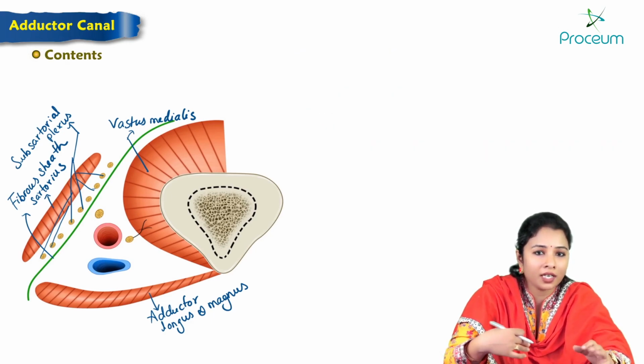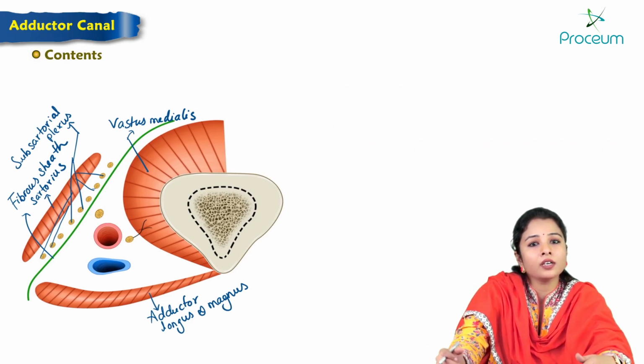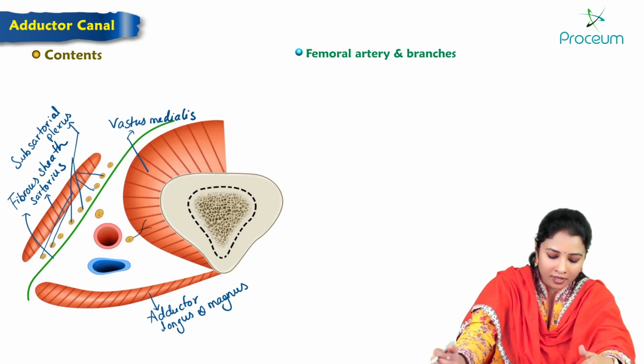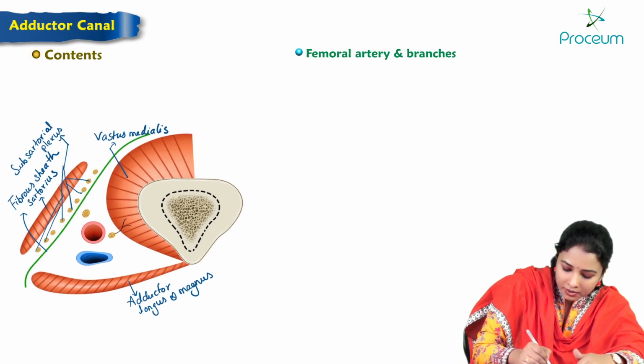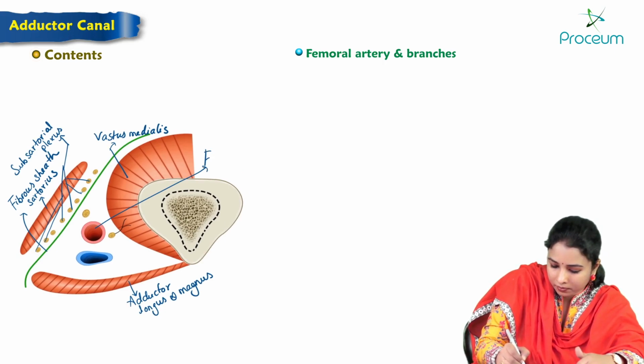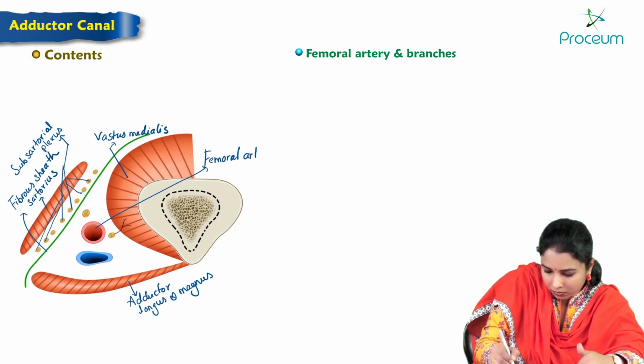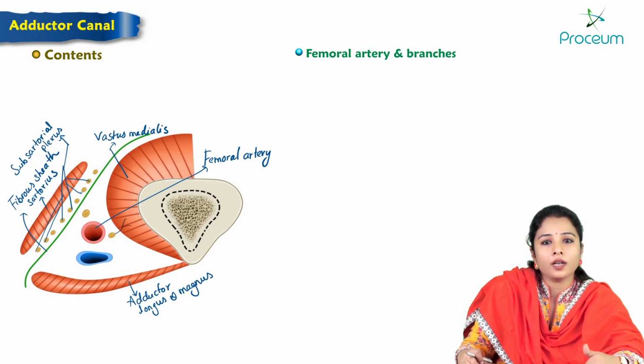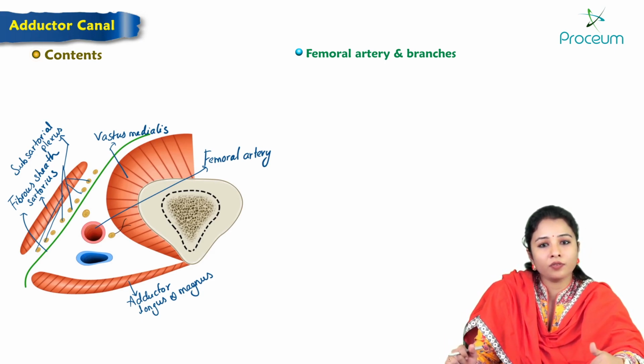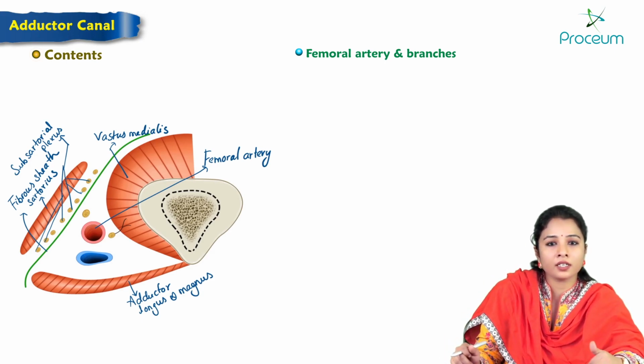Let's talk about the contents of this adductor canal. The contents are the femoral artery, which is the chief content, and its branches, which are also seen in the adductor canal.